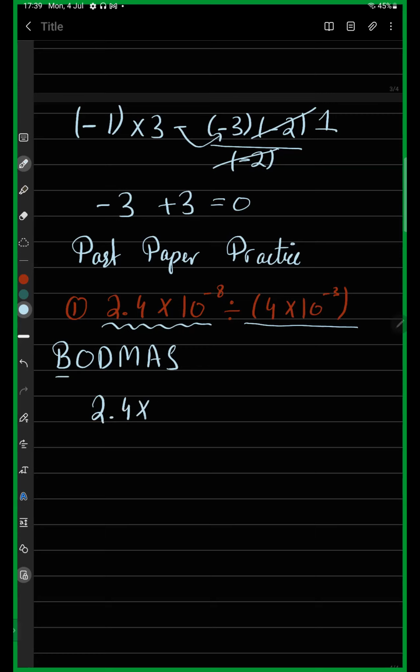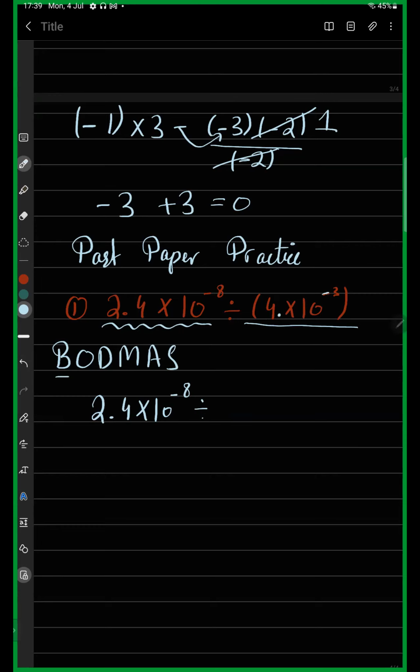2.4 is being multiplied by 10 power -8. It is being divided by something that is in brackets. Let me just simplify that. Now I have 4 multiplied by 10 power -3. This is my decimal at this point. My decimal is here. It's -3.